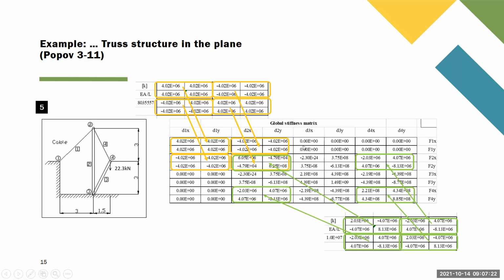Why? Because this is expressing the force in the first joint. This is the first joint. But because of the displacement of the third is here, they are not related. That's why this has to be 0. At the end, this is the result.